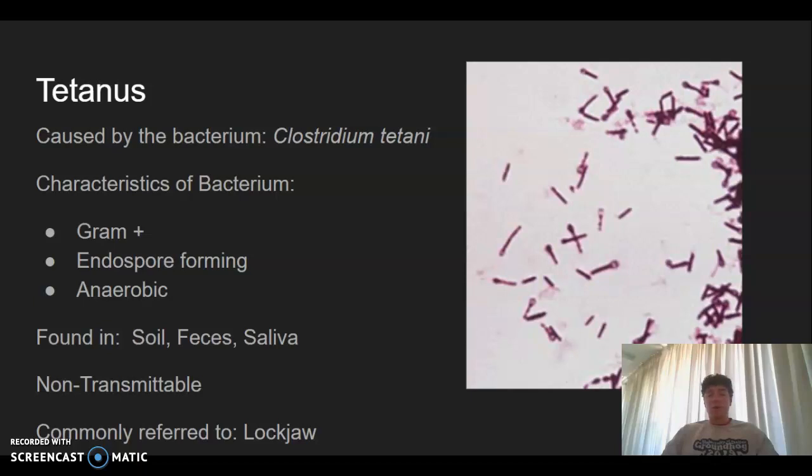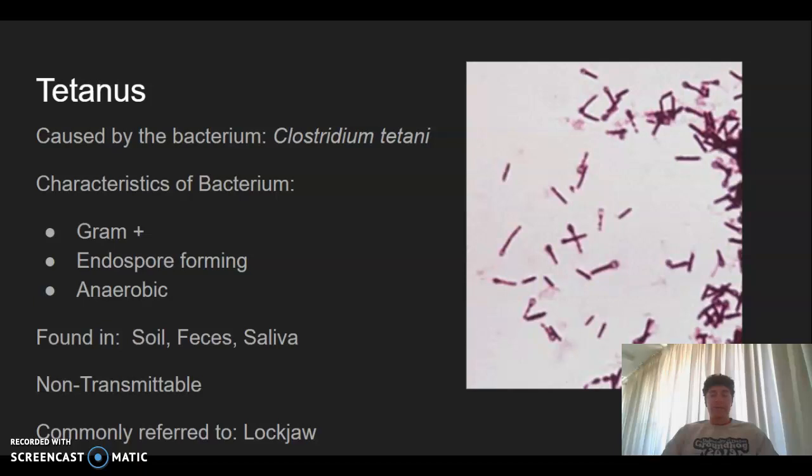And I'll explain later why Clostridium tetani existing as endospores is significant in the pathogenesis of tetanus into the body. Clostridium tetani is also anaerobic and is commonly found in soil, feces, and saliva. Generally, people associate rusty nails with the transmission of tetanus, but it's not actually the rust that acts as a fomite for tetanus.